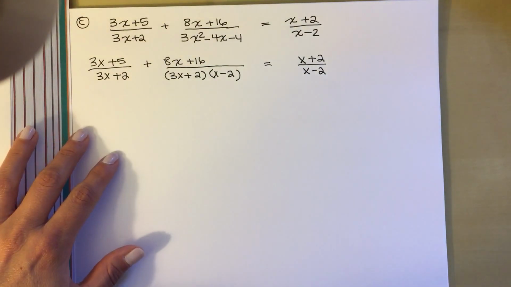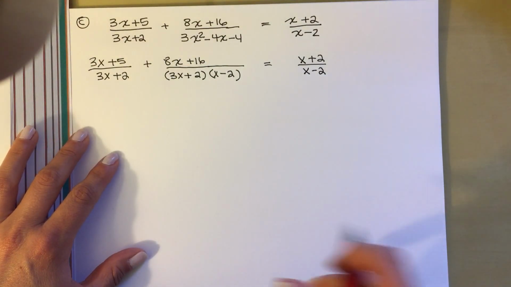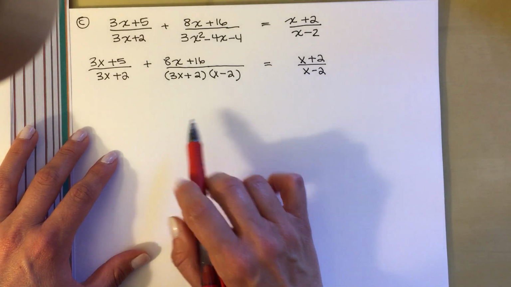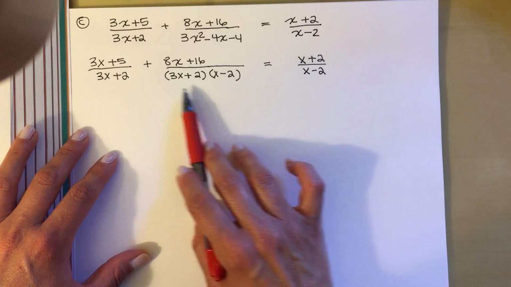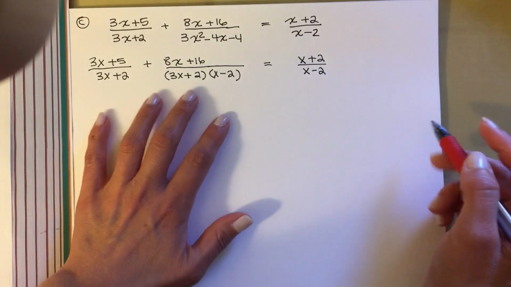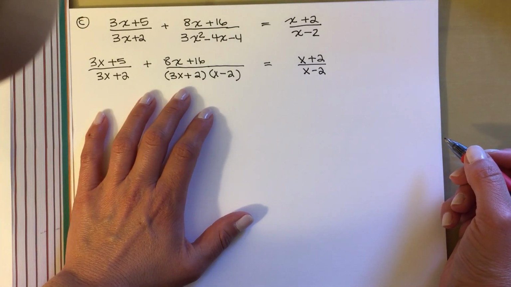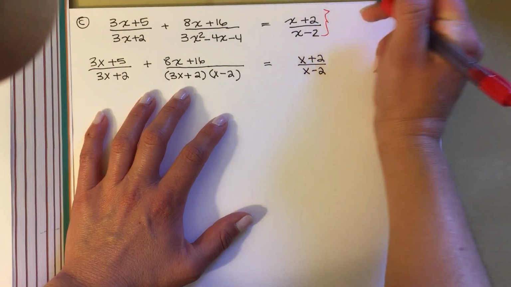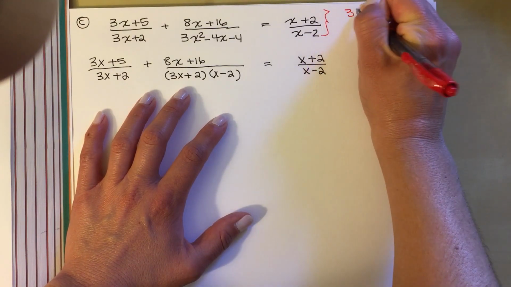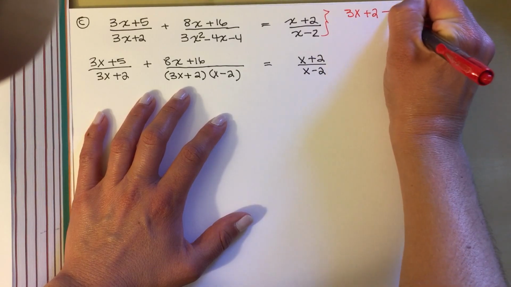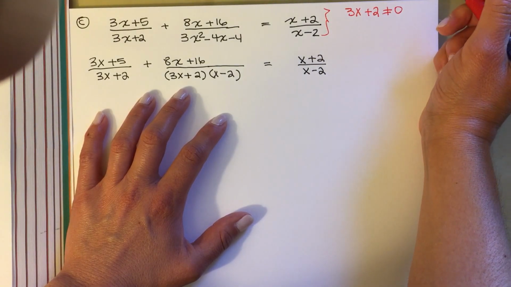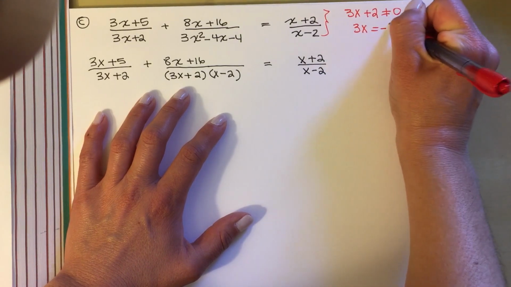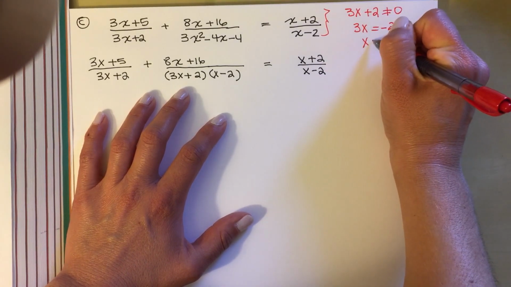Now we need to state the restriction, so let's look at this carefully. There's basically two factors. We have x minus 2 and 3x plus 2. We need to set those not equal to 0. We'll do that on the side here. You need to solve for x, subtract 2, divide by 3.